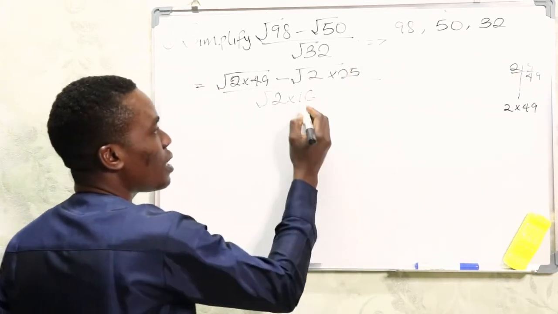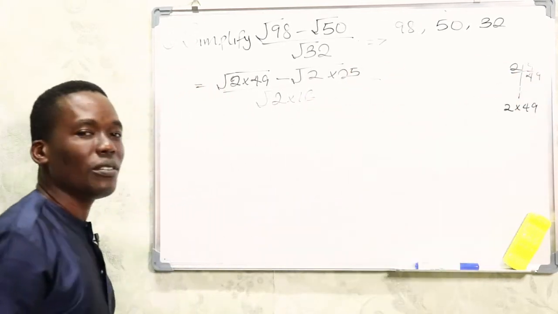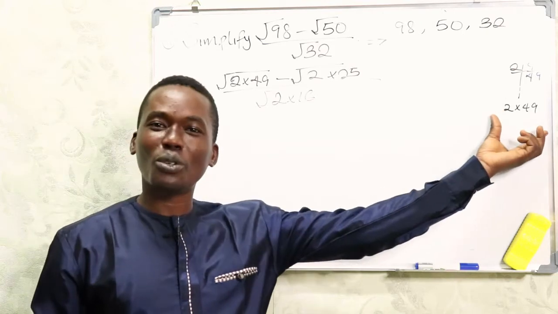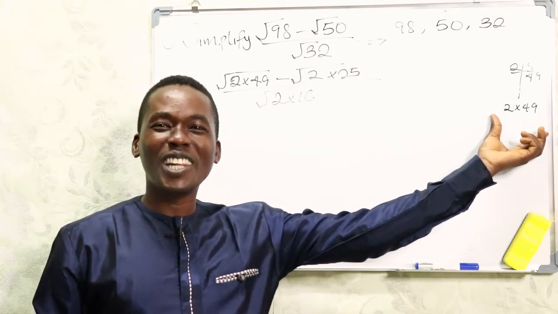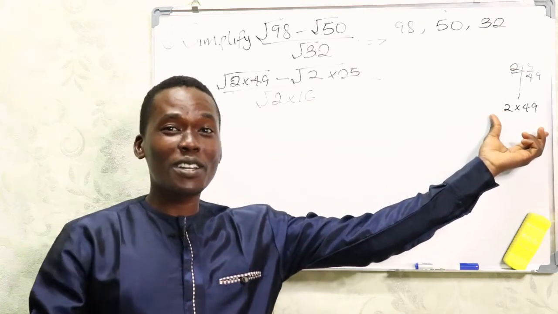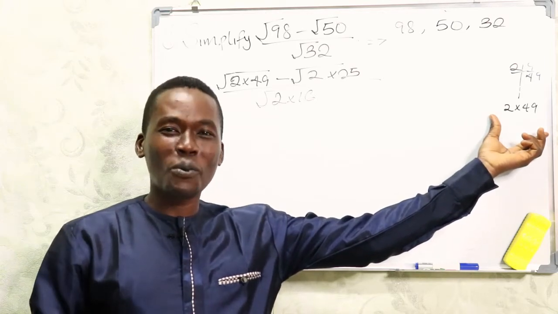All of these 25 and 16 can be gotten following that little method I just taught you. It's a secret, and I want you to learn it. You can use it to get the perfect square root of whatever number you want.